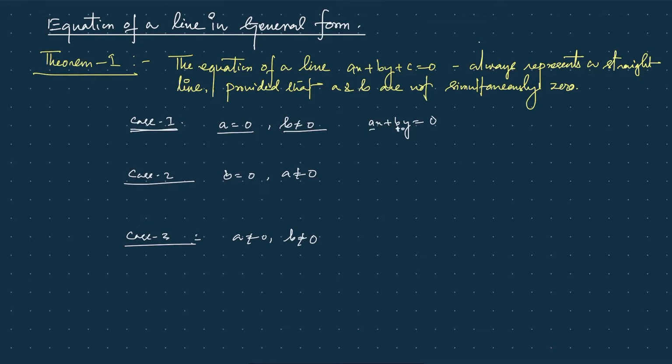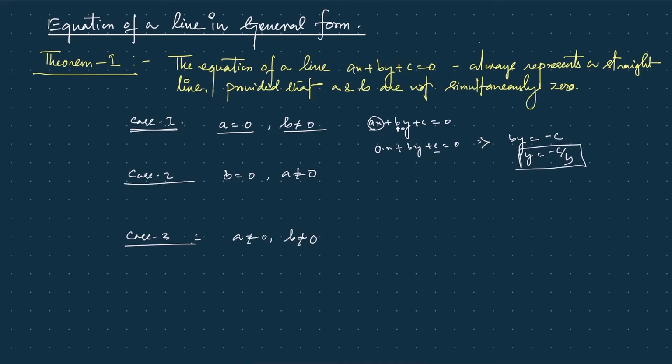Our equation is ax plus by plus c equal to 0. Since a is 0 and b is not 0, the first term will vanish, because 0 into x plus b into y plus c equals 0. So by plus c will be equal to 0, so by is equal to minus c. Then y is equal to minus c by b.